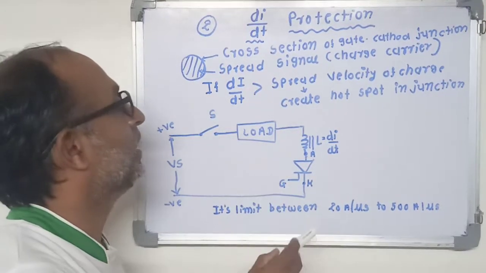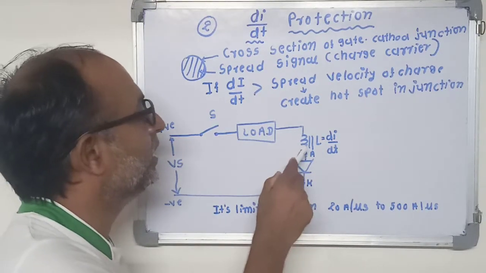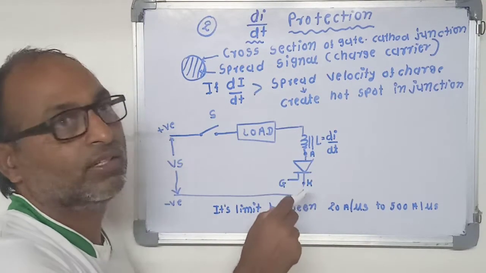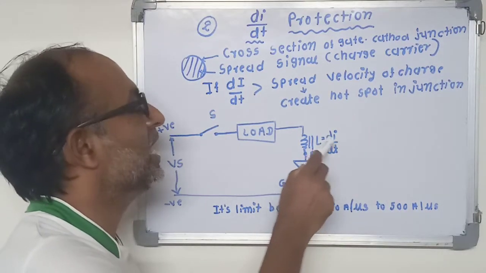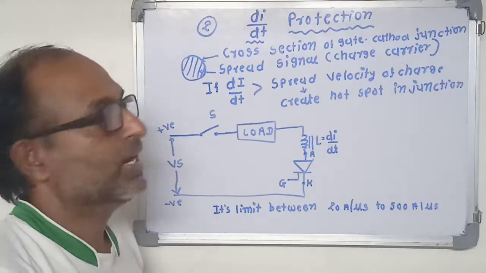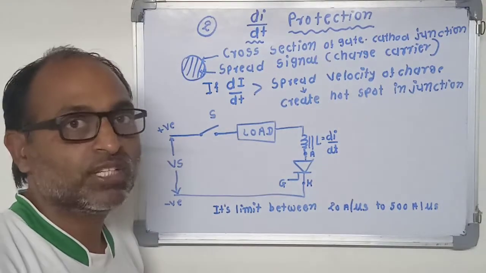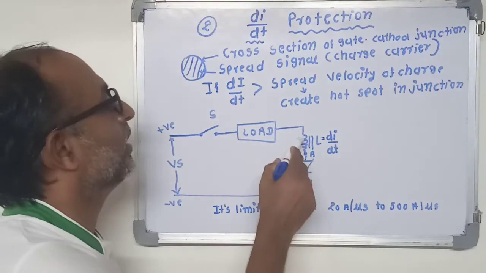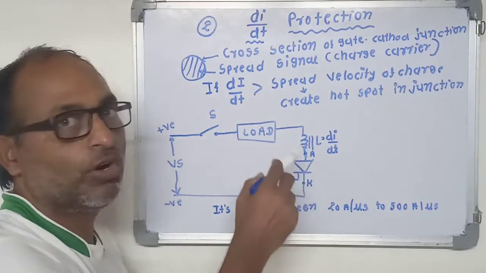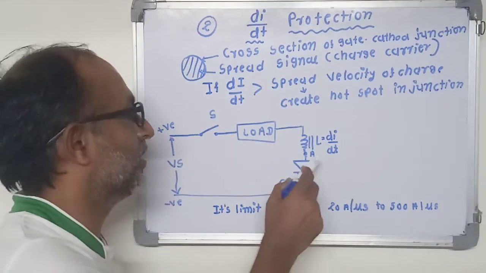For that, we insert an inductor in series with the SCR, called a dI/dt inductor. As we know, an inductor opposes the rate of change of current, so this inductor does not allow the anode current to rise quickly.